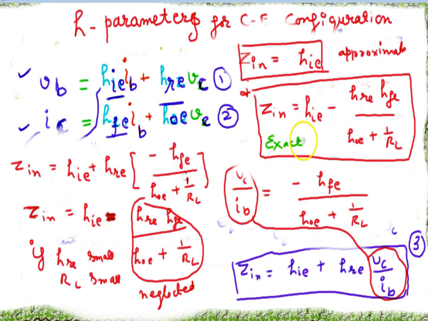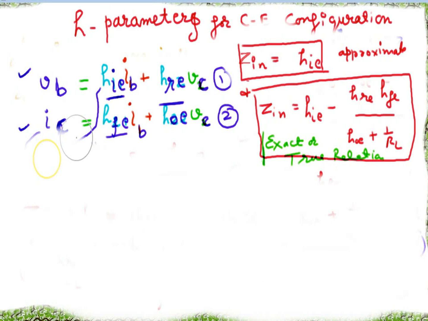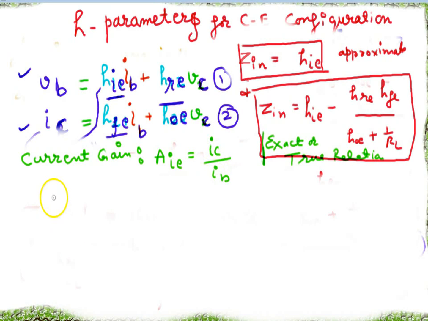So this is the exact equation; approximate is Zin is HIE. Now we find the second parameter. Second parameter means current gain. Current gain is equal to IC over IB.